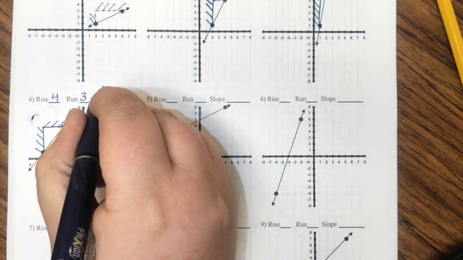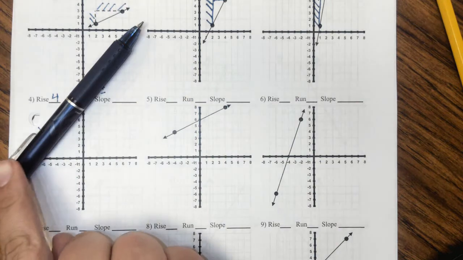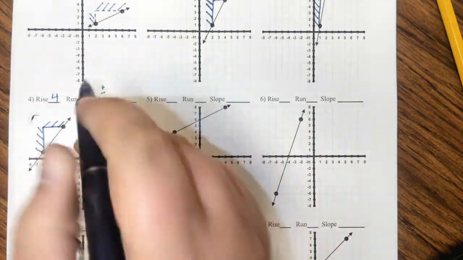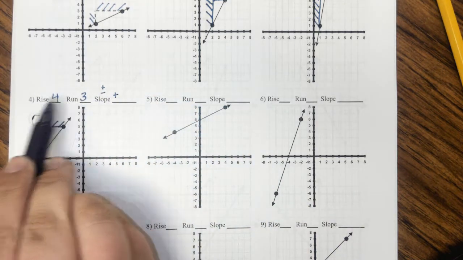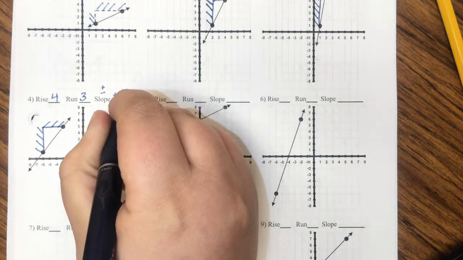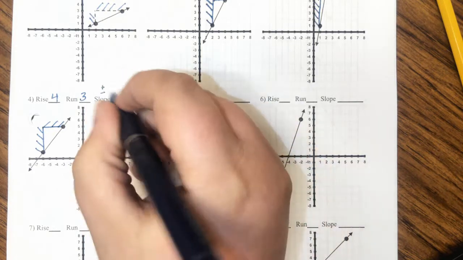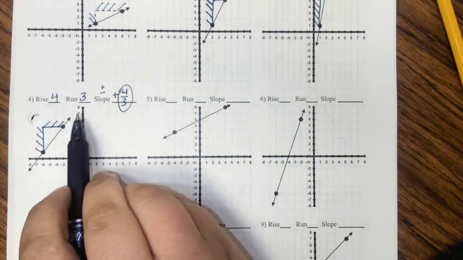Remember, this slope is positive or negative. Reading from left to right, this line goes up. So we have a positive rise over run, 4 over 3. 4/3 doesn't reduce, so 4 over 3 is the slope for the line in graph number 4.